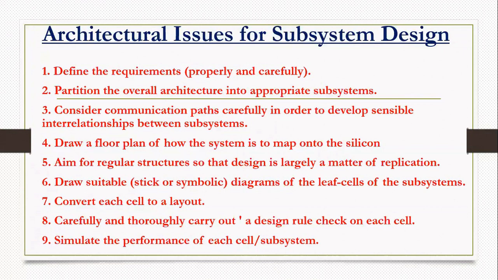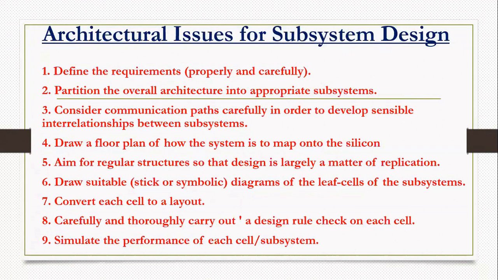Then we'll have to partition the overall architecture into appropriate subsystems. Then we'll have to know the communication paths between the modules. For example, if we take an ALU, it is an arithmetic logic unit, which has arithmetic modules as well as logical modules. Arithmetic modules like adder, subtractor, multipliers, dividers.